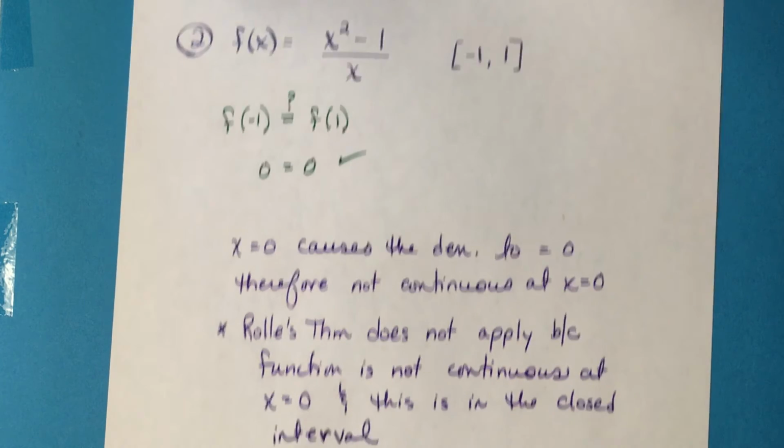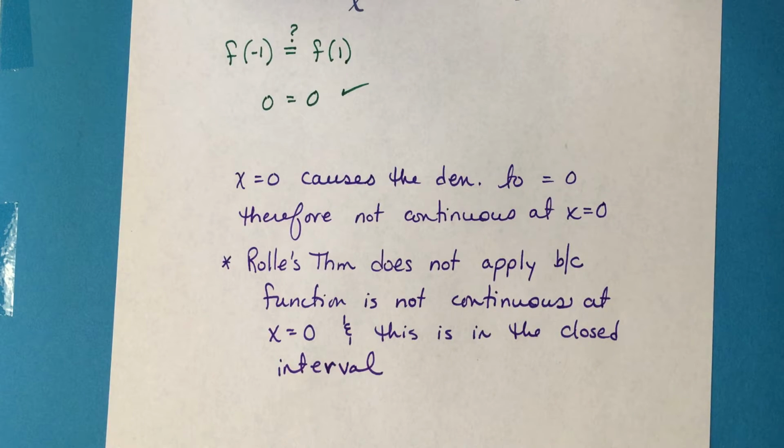Okay, so writing a lot of explanation there, but that way when you're looking back at your notes, you'll remember why in the world did we say Rolle's theorem doesn't apply. Okay, one more example here.